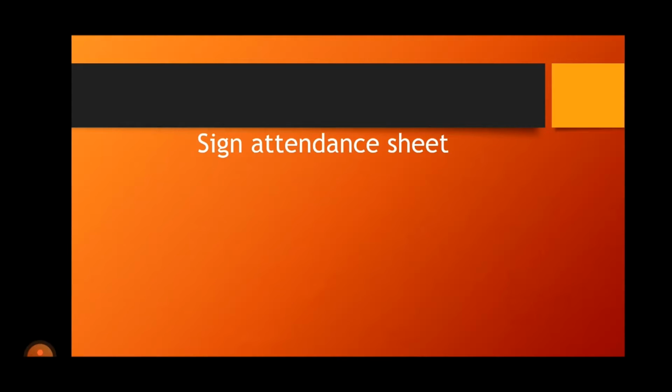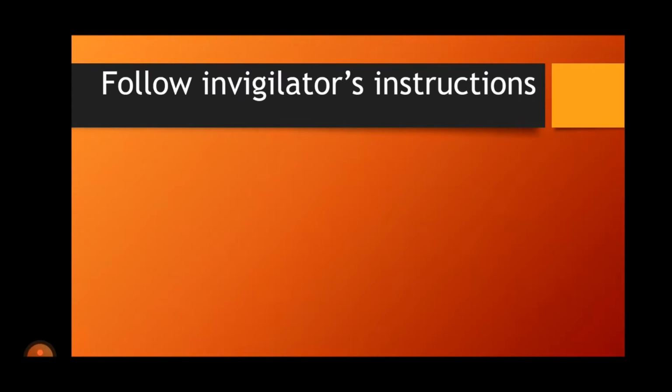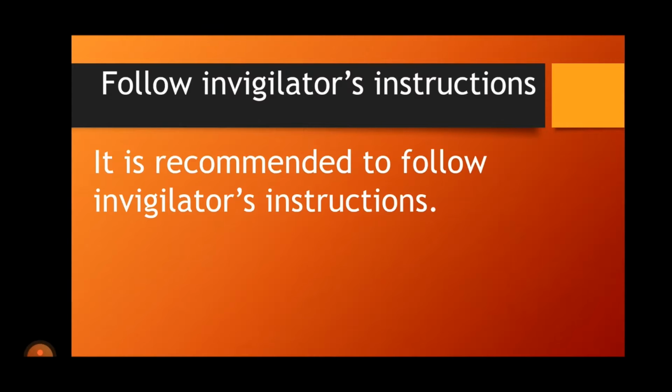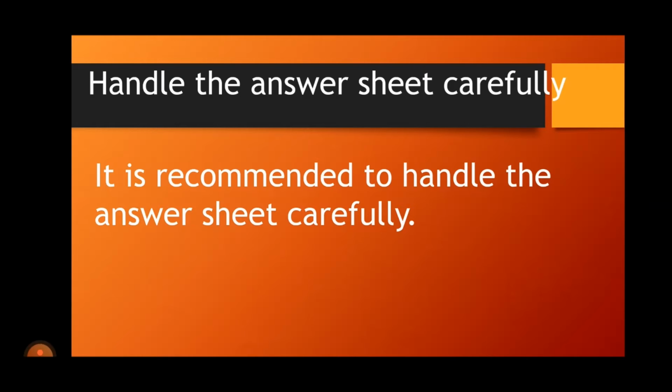It is recommended to sign in the attendance sheet. Now, follow invigilator's instructions. It is recommended to follow invigilators' instructions and handle the answer sheet carefully. It is recommended to handle the answer sheet carefully.